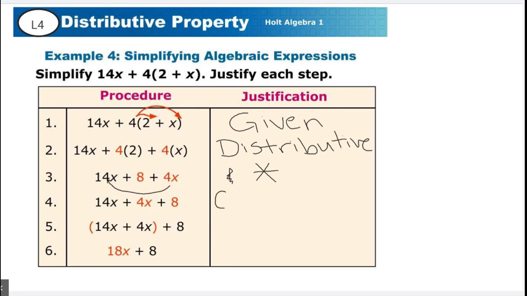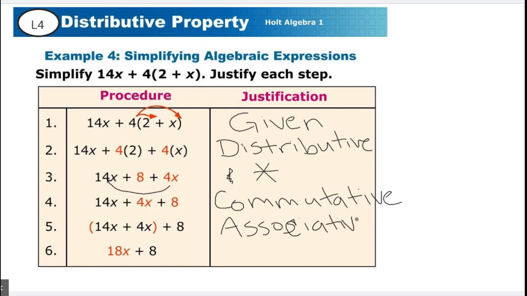Now, they moved this 4x to be by the 14x. So they used commutative. I have to concentrate so much to use my pen, and it seems like the more I think about it, the slower I go. Now they inserted these grouping symbols to group those two together, and so our other property is associative, like the SS, that's a C. Associative, the SS are the grouping symbols.